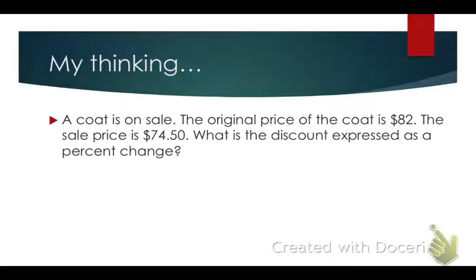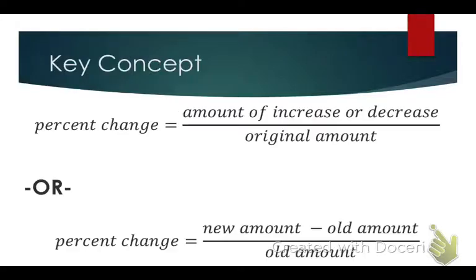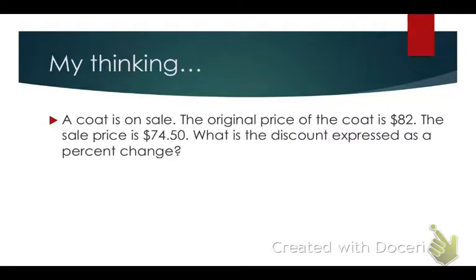Actually, I'm going to say amount of increase or decrease divided by the original. That makes the most sense to me. So if I want to think about how much this has changed, I would need to take 82 minus 74.50.